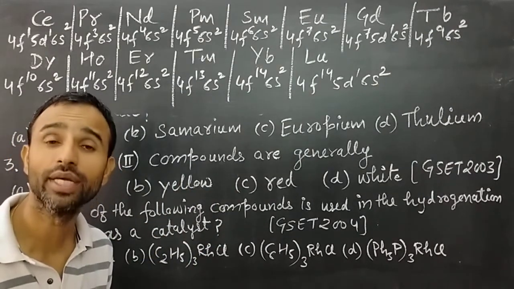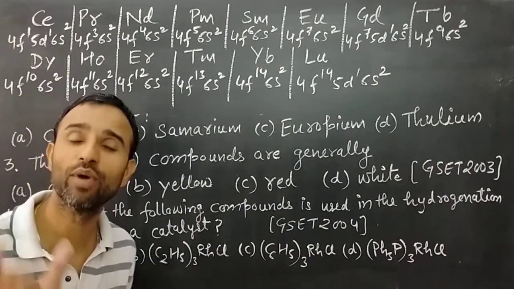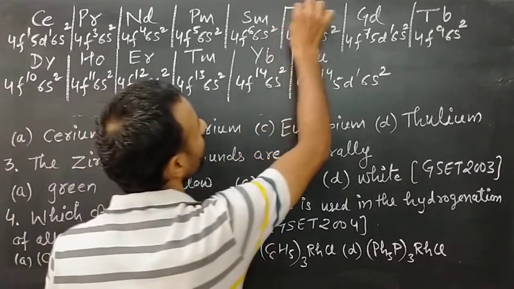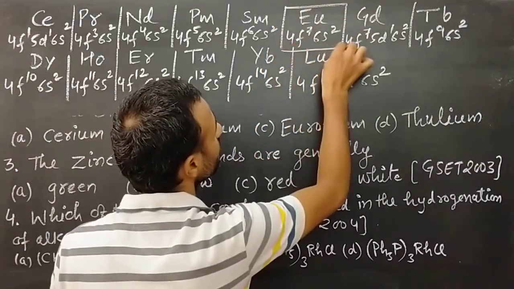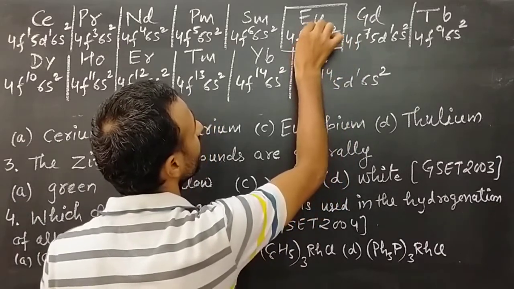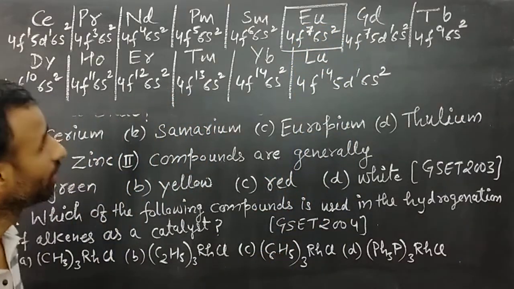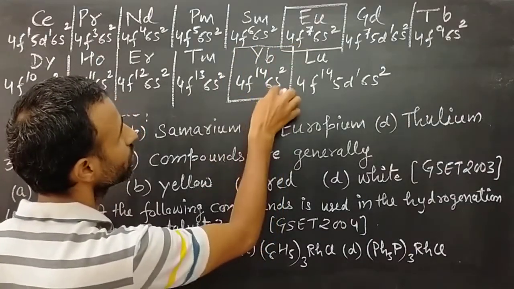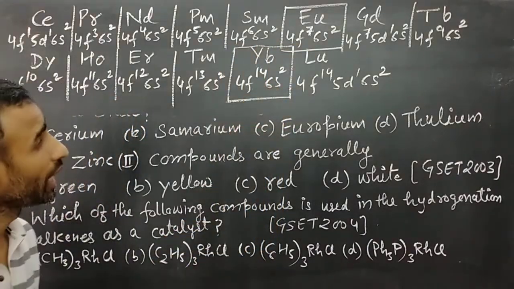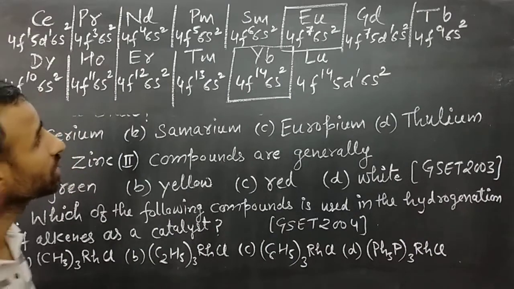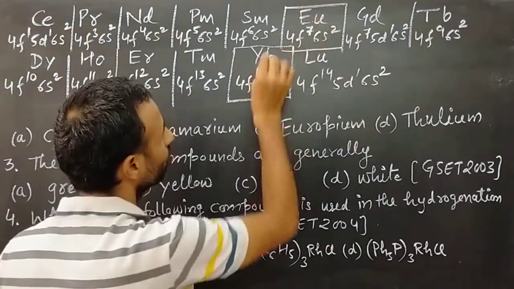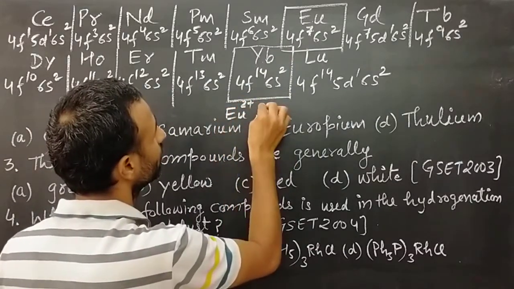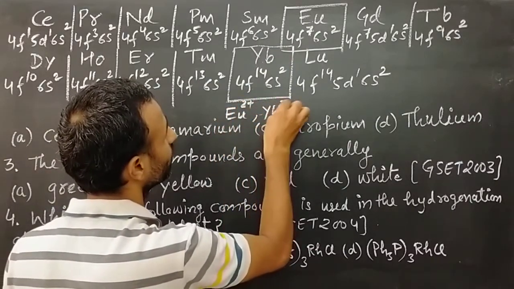See, europium, after losing 2 electrons, has exactly a half-filled configuration, and ytterbium, after losing 2 electrons, has a fully filled configuration. That means europium and ytterbium both have a most stable 2+ state.